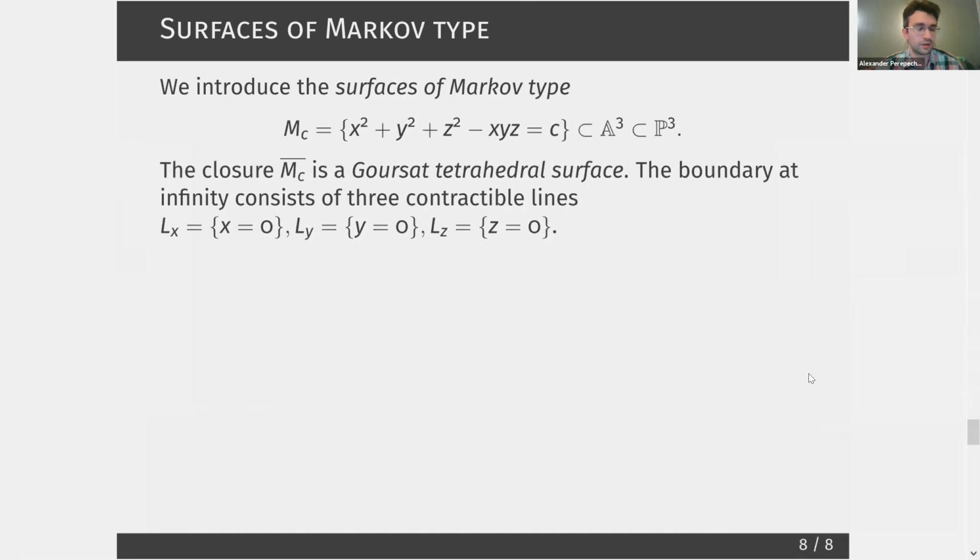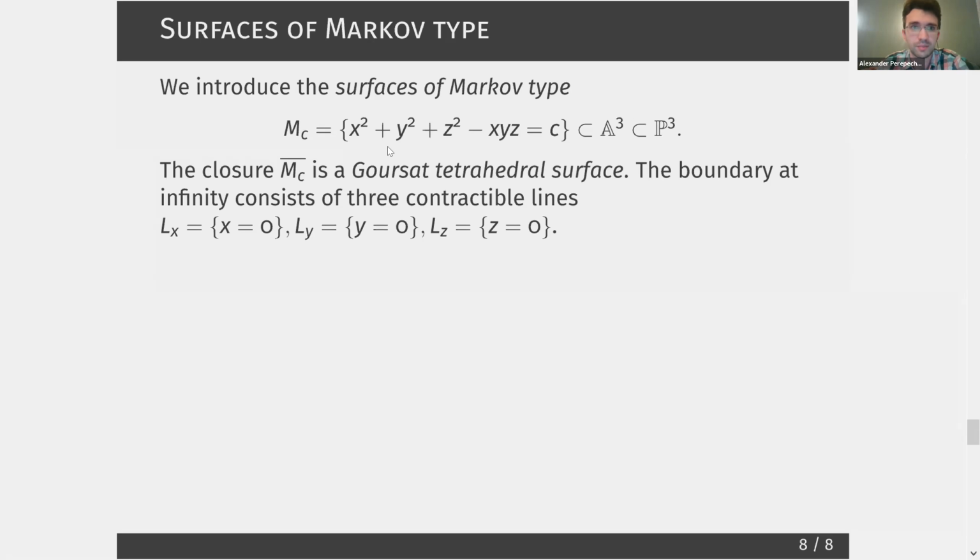We introduce the surface of the affine equation, an algebraic surface, and we ditch the coefficient 3, which doesn't change anything, and introduce the constant term c. So we have a surface which we call of Markov type.